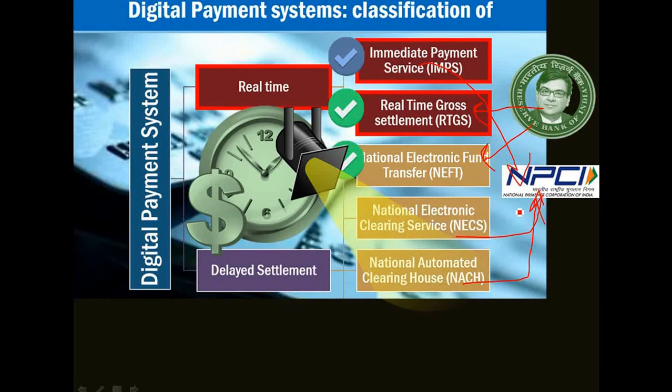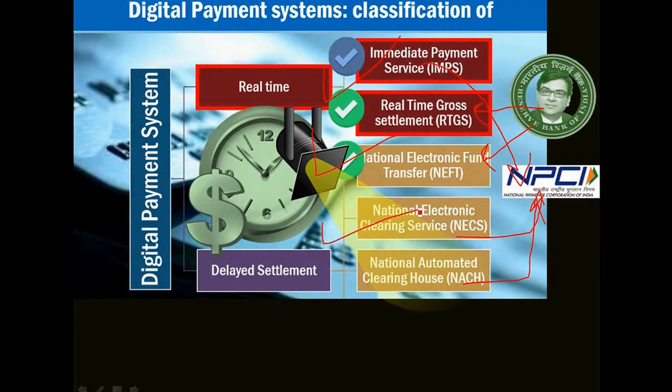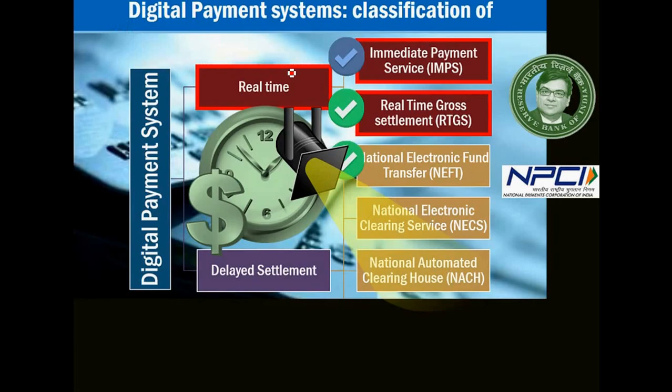And again, National Electronic Fund Transfer is developed by the RBI. And NECS, the National Electronic Clearing Service, is also developed by the NPCI, and also NACH, which stands for National Automated Clearing House, is also developed by the NPCI.